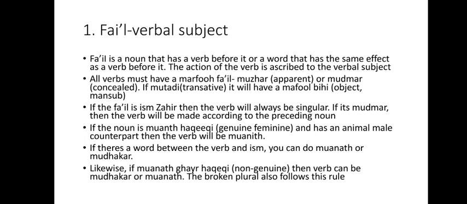Then the verb for that word can be mudhakkar or mu'annath. So shams, which means the sun, is considered feminine. You could say tala'a shams, that the sun rose, or tala'atish shams, which means the same thing. The broken plural also follows this rule.